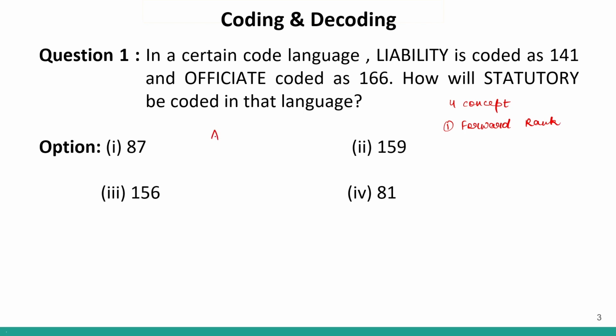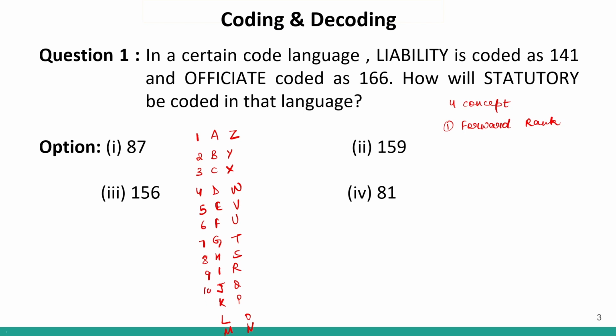For example, I am writing the alphabets like this: A, B, C, D, E, F, G, H, I, J, K, L, M, N, O, P, Q, R, S, T, U, V, W, X, Y, and Z. When I assign them numbers in increasing order, A is 1, B is 2, C is 3, and so on up till Z is 26.